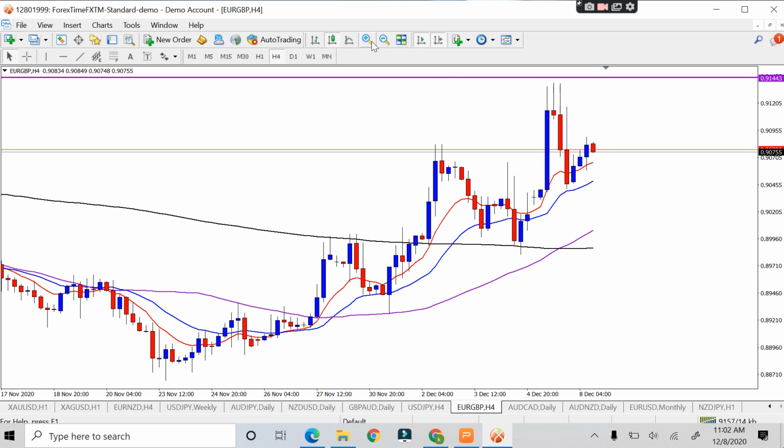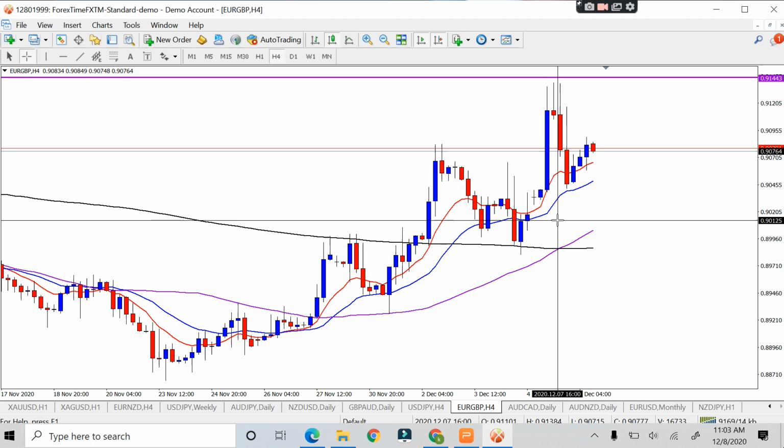Now you can also see on H4 that we also have the golden cross, that is the 50 moving average crossing the 200 moving average upwards. That golden cross happened on the 7th of December 2020. It actually happened yesterday.